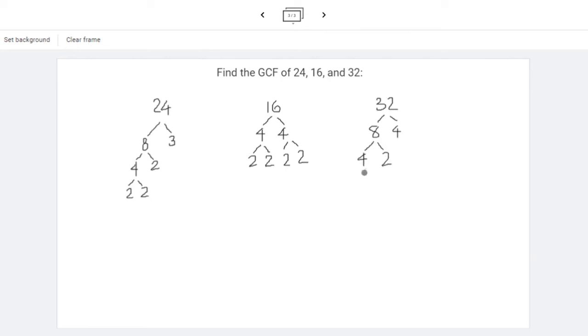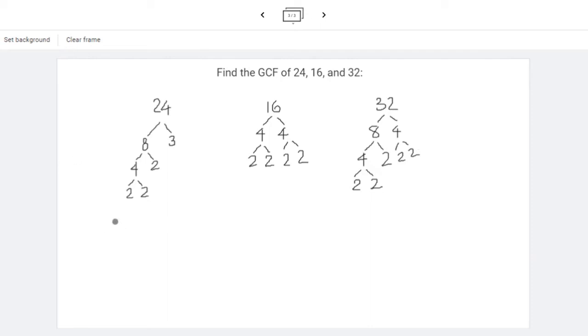We can simplify this 4 further into 2 and 2. We can't simplify these 2's further. We can't simplify this 2 further. So we go on to the 4. We can simplify the 4 further by multiplying by 2 and 2. And we can't simplify these 2's further. So we're done with the simplifying part.